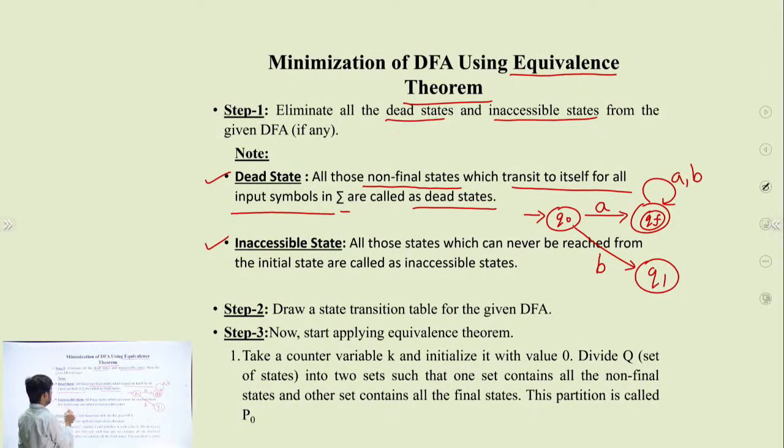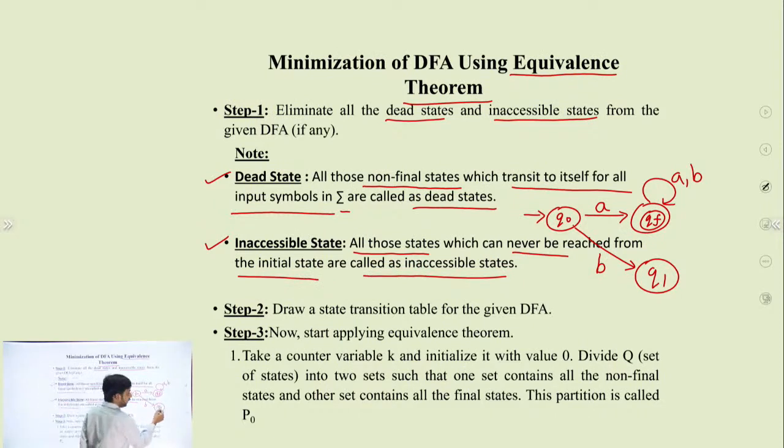Next is the inaccessible state. All those states which can never be reached from the initial state are known as inaccessible states. For this Q1 state, for all the transitions A and B, it transits to itself only.